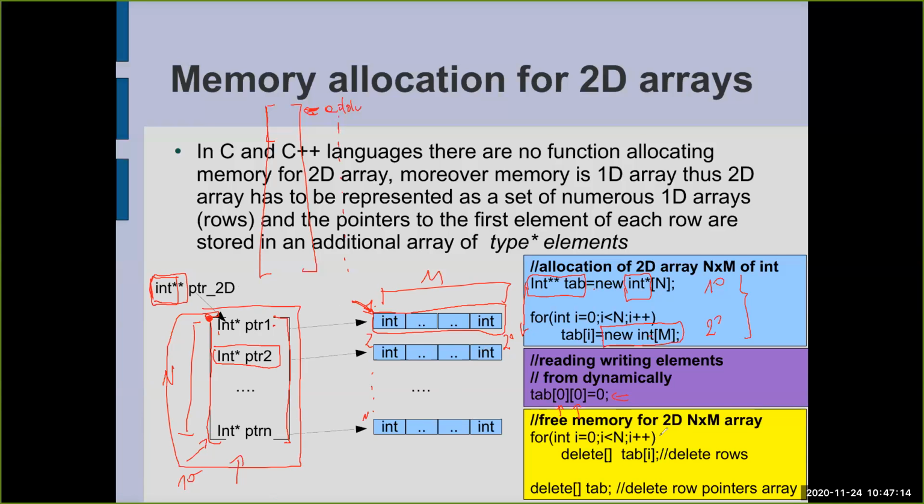If you do it the opposite way, so if you write delete tab first, of course, it releases this array. But in this case, all rows will be orphaned. They will not be accessible, but they will still be allocated.